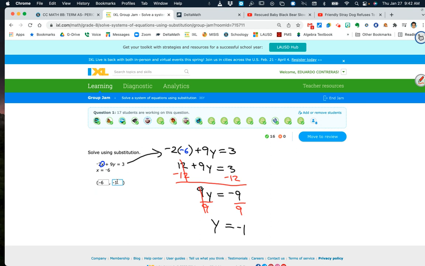Most of you have, I think everyone but 2. So if you haven't done so, go ahead and put in the answer negative 6, negative 1. And we're going to move on to another problem at this level. We'll try to explore all the different levels so we can see all the different types of systems we're going to run into here. You guys ready?